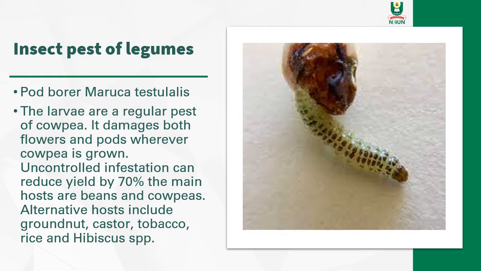So this pod borer is a serious pest and must be controlled when it is found on the cowpea field. The hosts are beans and cowpea, and alternative hosts, in case we don't see beans and cowpea, include groundnut, castor, tobacco, rice, and hibiscus species.